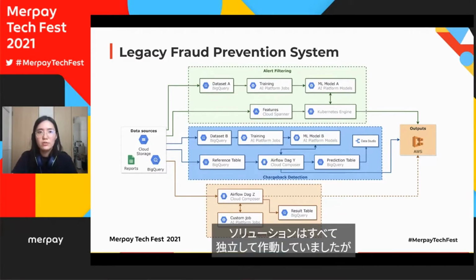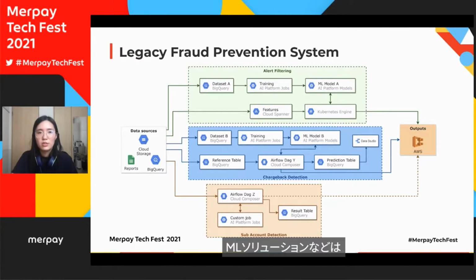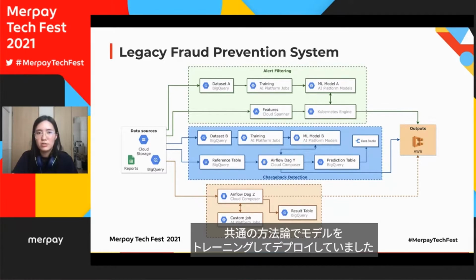Although all the solutions work independently, they all have the need to create features from data sources. Some solutions, like machine learning solutions, also share the common methodology to train and deploy models in a similar way.